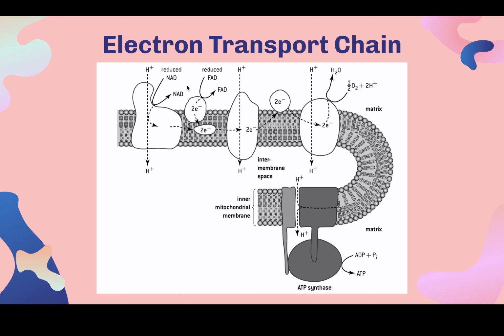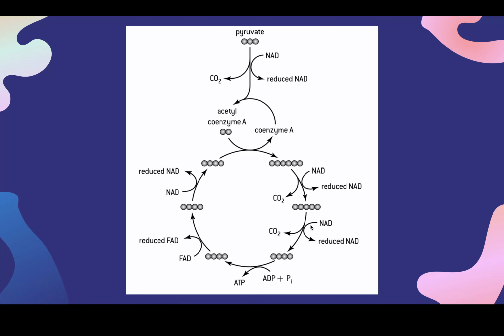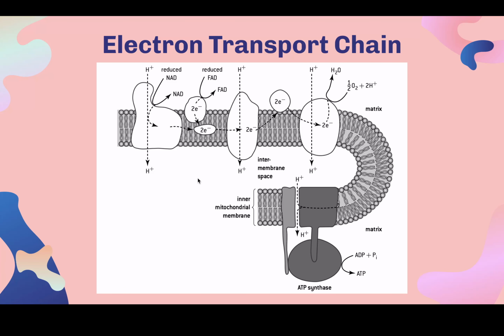But when this reduction deposits the electron, there's hydrogen released outside in the matrix, right? Because the FAD technically had a hydrogen that it picked up from the Krebs cycle, and the NAD did as well. And when it gets oxidized again, it gets rid of its hydrogen, which gets released in the matrix, and it also gets rid of electrons, which are moved through the membrane proteins, if that makes sense.